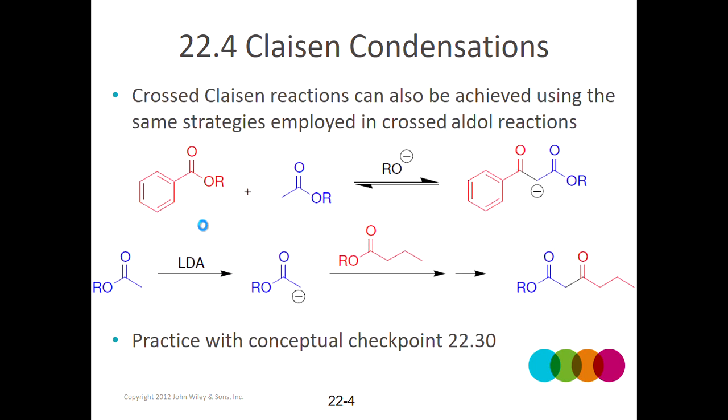So to do that, we can employ the same types of strategies we looked at last week, and there were two of those. One is to use an ester with another ester and just set up where one of those esters has no alpha protons. Right? So there's no consideration here or worry that the base will pick off an alpha proton from this and make it into an enolate because it doesn't have an alpha proton.